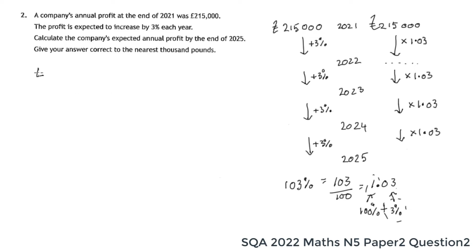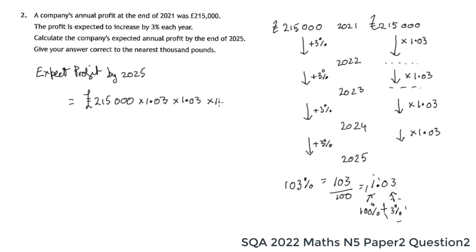So the expected profit by 2025 would be our original sum of money, 215,000, multiplied by 1.03, and whatever we get for that, we'll then multiply by 1.03, whatever we get for that, that's in here, we'll multiply by another 1.03, and then there's finally another one to be multiplied by, and that gets us to 2025.